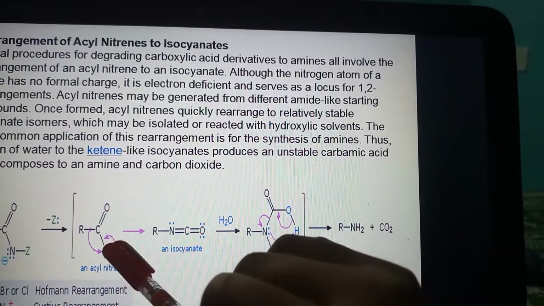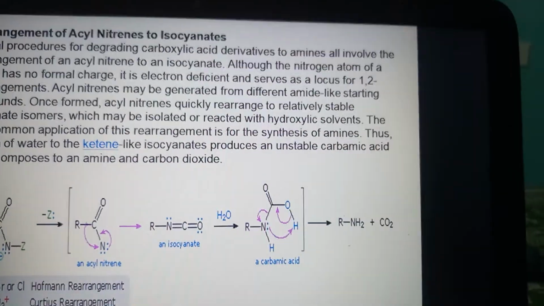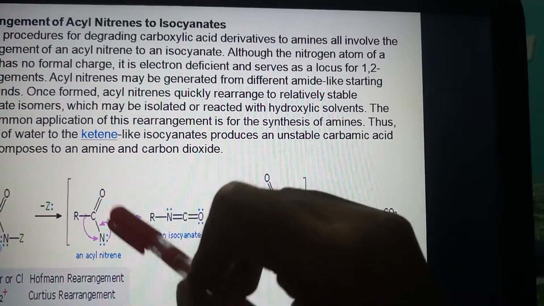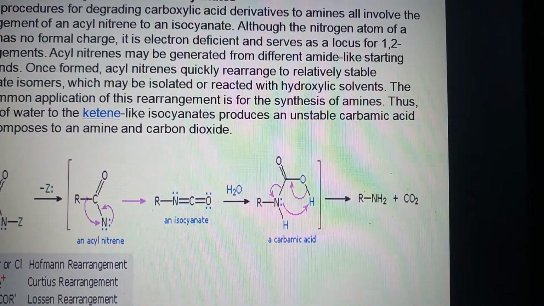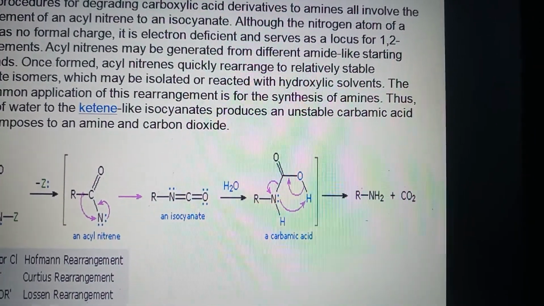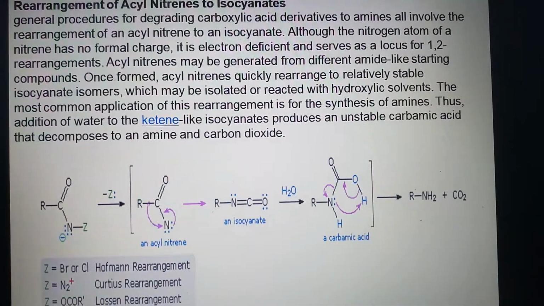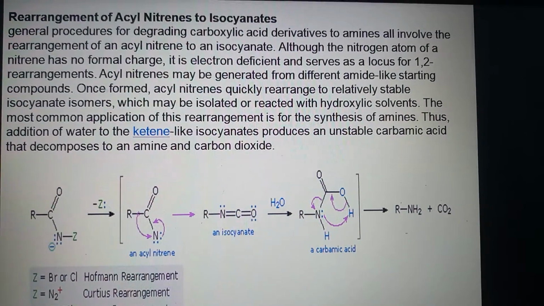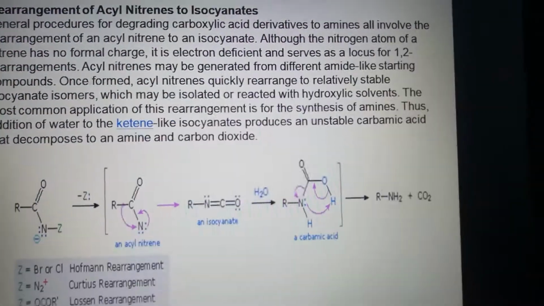Here you can see our substituted carboxylic acid derivative, and after removal of Z, it is an acyl nitrene. Although the nitrogen atom of a nitrene has no formal charge, it is electron deficient and serves as a locus for 1,2 rearrangement. Here you can see.